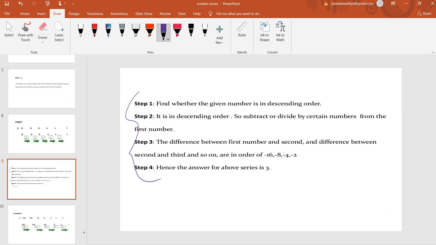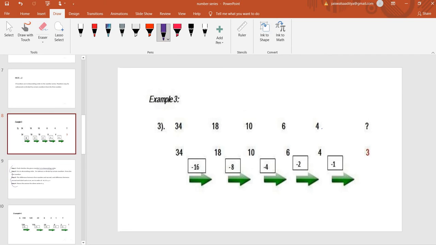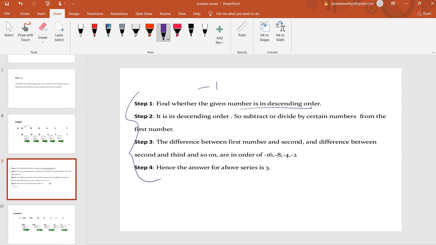Find whether the given number series is in descending order. Yes, it is in descending order. So subtract or divide by certain numbers from the first number. We subtracted, so we got first minus 16, again minus 8, again minus 4, again minus 2, again minus 1.